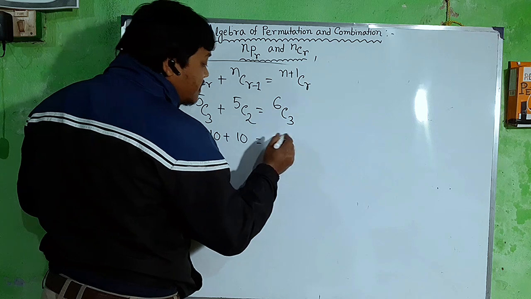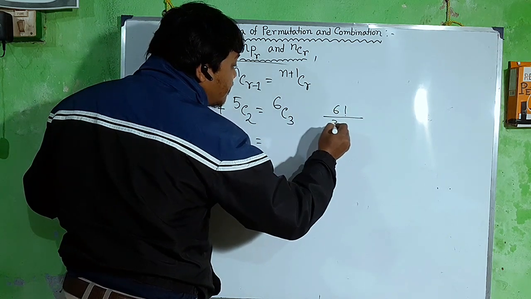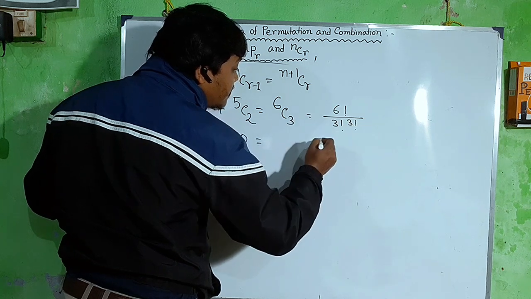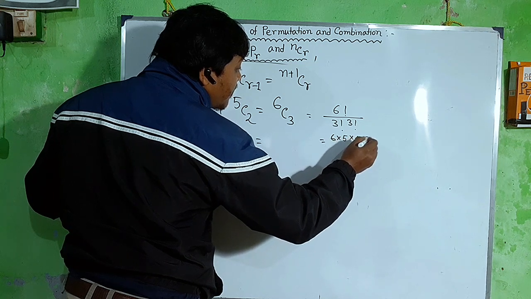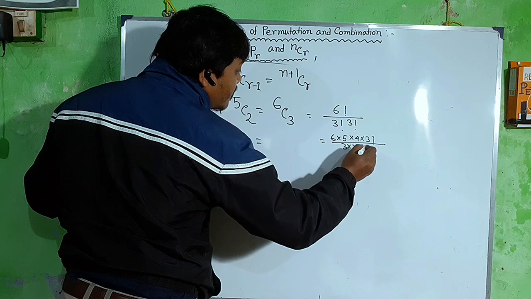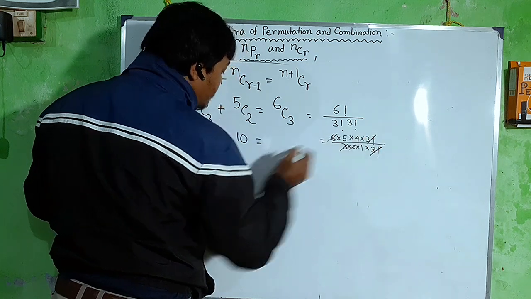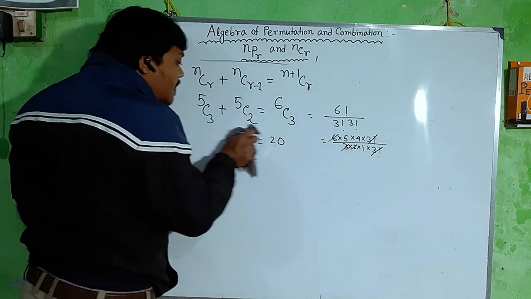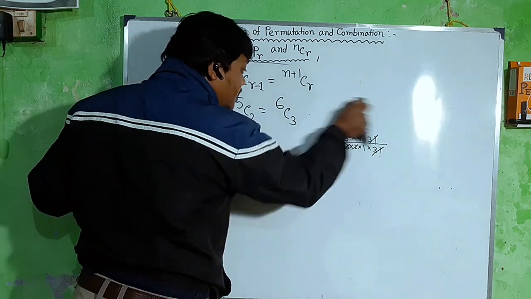And what about 6C3? 6C3 is 6 factorial by 3 factorial into (6 minus 3) factorial, that is 3 factorial, and 6 into 5 into 4 into 3 factorial by 3 into 2 into 1 into 3 factorial. Both cancel, 3 into 2 into 1 gives 6, and we get 20. So this is 20. Clear? So 5C3 plus 5C2 equals 6C3.